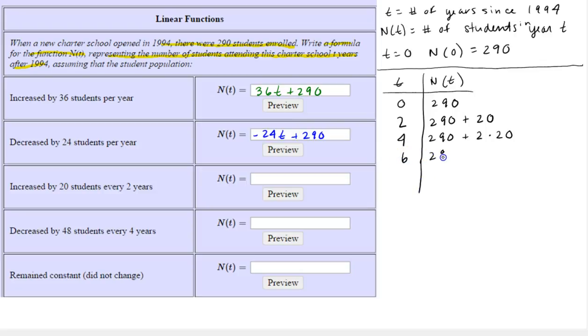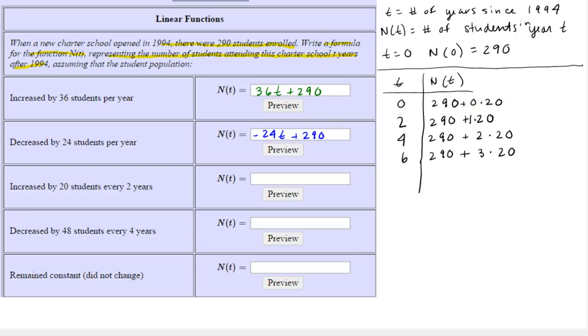Year 6, 290 plus 3 times 20 students. So notice the years are increasing by 2, and for every increase of 2 years we have another 20 students. Let's do what we did before, 1 times 20, and this would be 0 times 20.